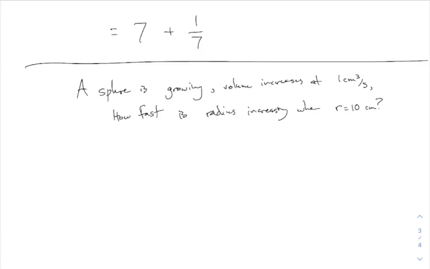And this will be analogous to this. The volume will be increasing just at some specific rate determined by how strong the pump is, I guess. And then how fast is the radius increasing? So this means as you're pumping up the balloon, how fast will it actually be growing in radial size if the volume is increasing at a constant rate?